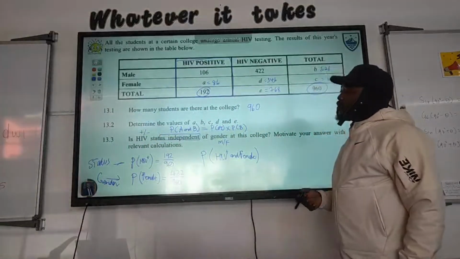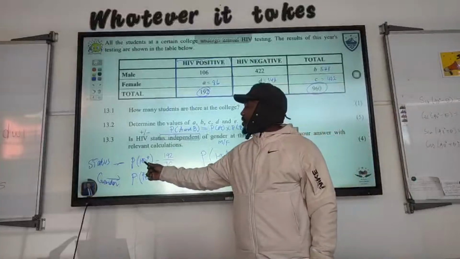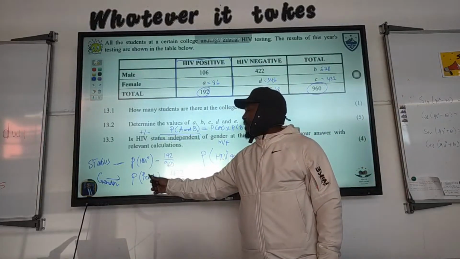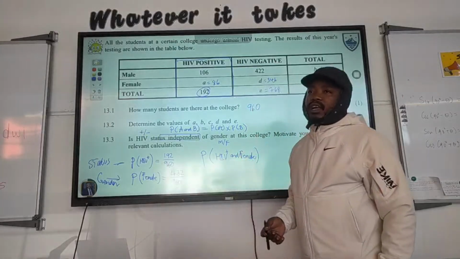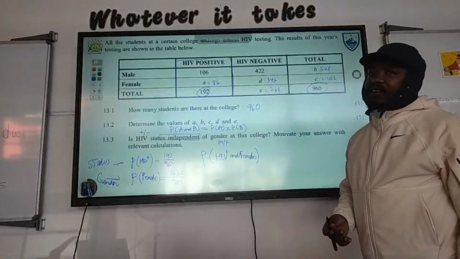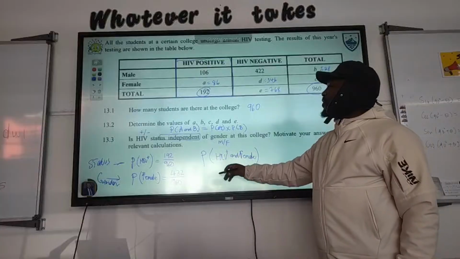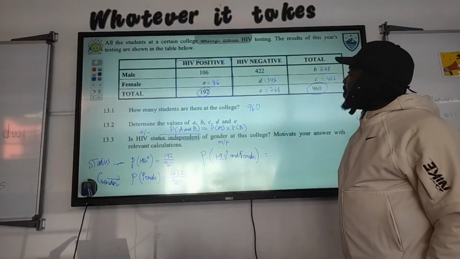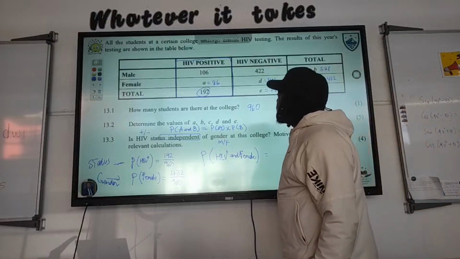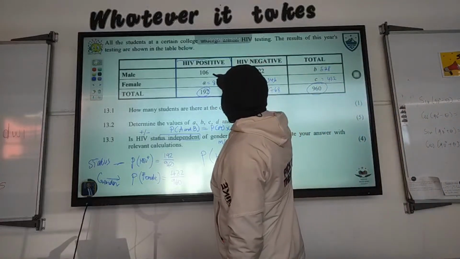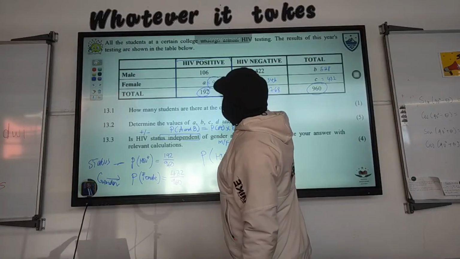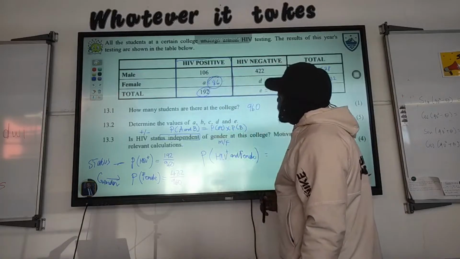You can choose HIV negative and male, or any other combination, as long as the gender and the status are represented. So the probability of being HIV positive and female at the same time is 86.